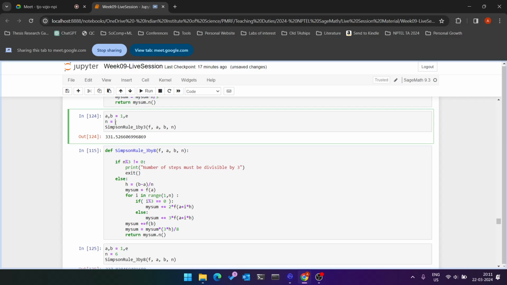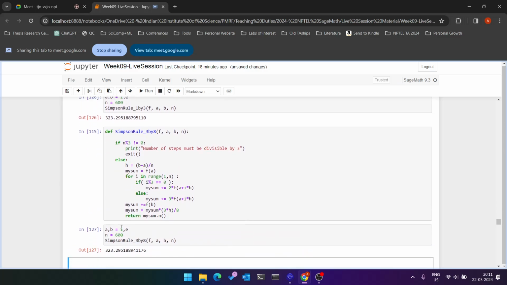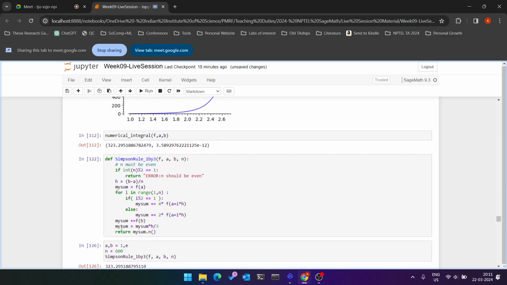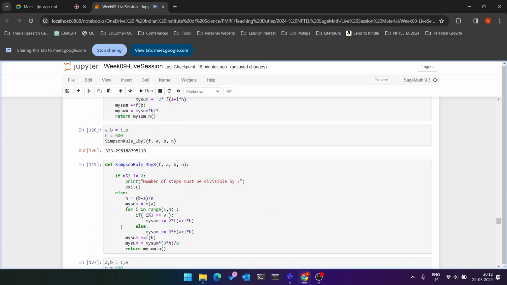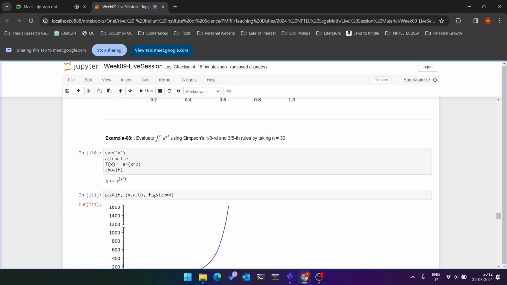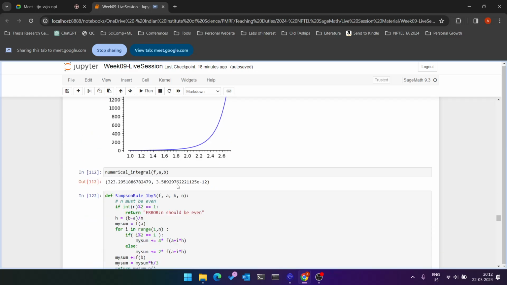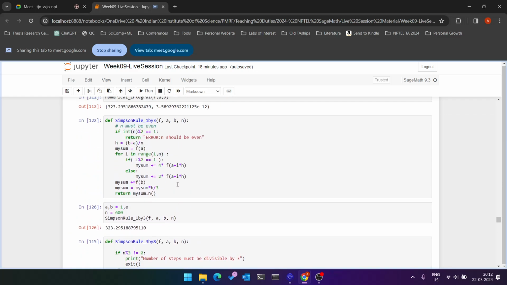If I increase this to say 600, that's a lot of... 323.29518. Okay, right, so we have evaluated this definite integral using both Simpson's 1/3 and 3 by 8 rules.